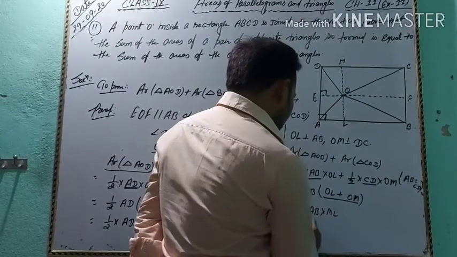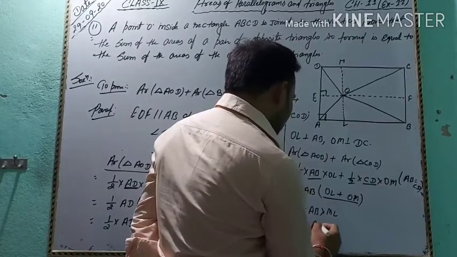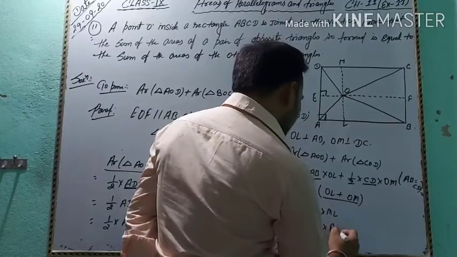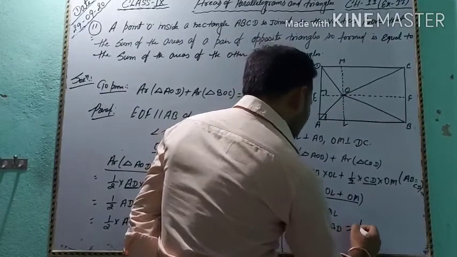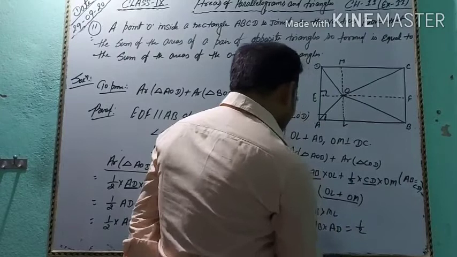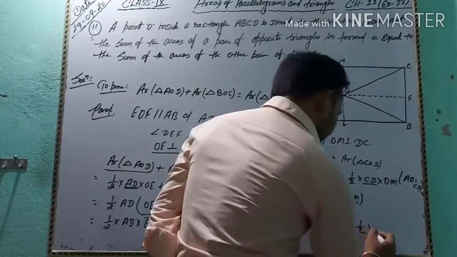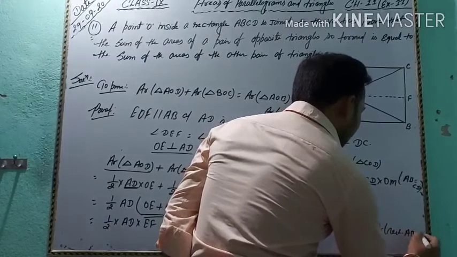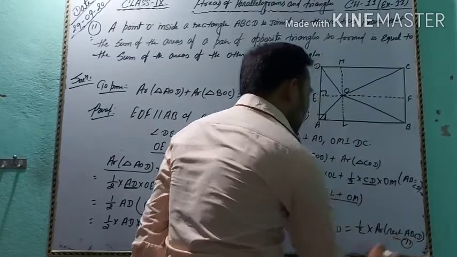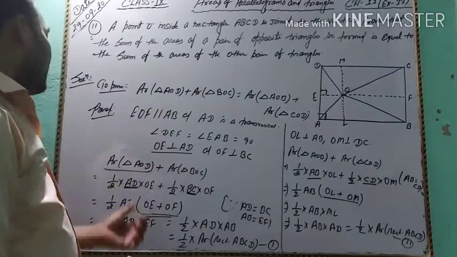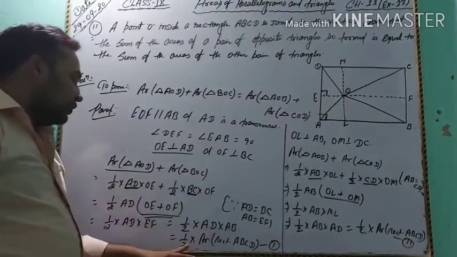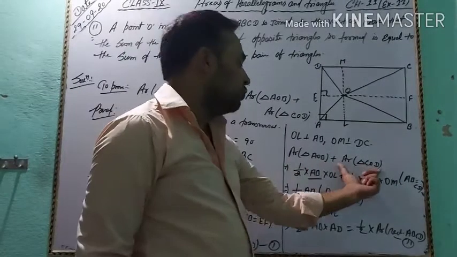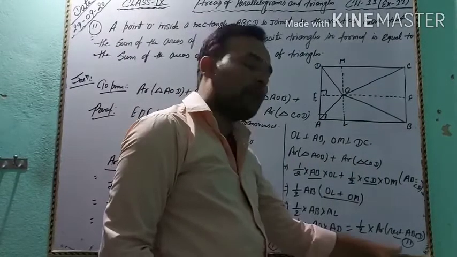And we write, students, 1/2 multiply AB and ML, which is parallel to AD, equals AD. So we write 1/2 multiply area of rectangle ABCD. This is equation 2. Here area of triangle AOD plus area of triangle BOC equals half area of rectangle ABCD, and area of AOB plus area of COD is equal to half area of rectangle ABCD.